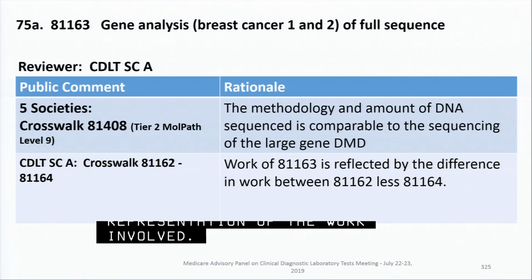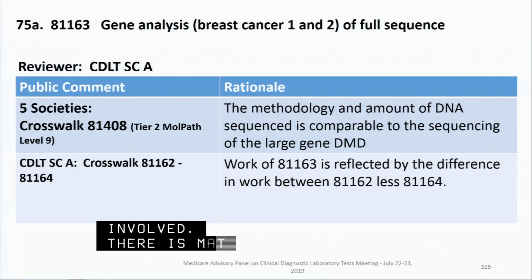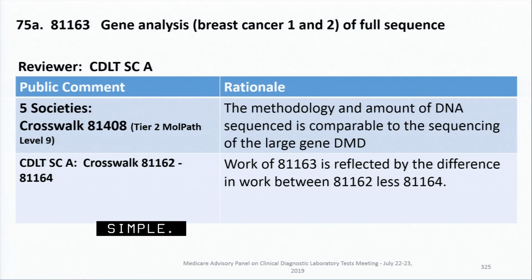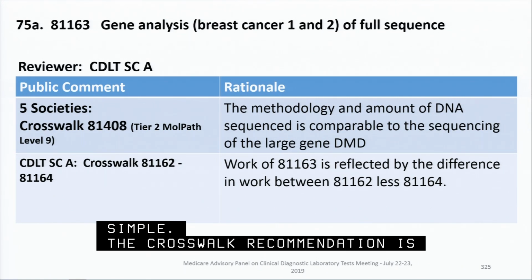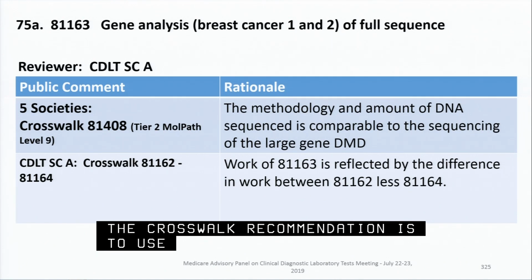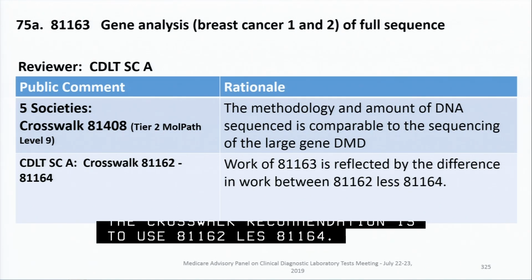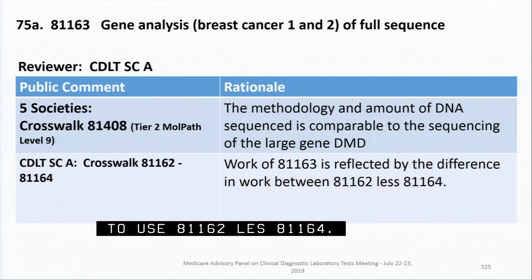So our crosswalk recommendation is to use 81162 less 81164. So 81162 is BRCA1 and 2 full gene sequence analysis and deletion duplication analysis. So it's the combination of those pieces.